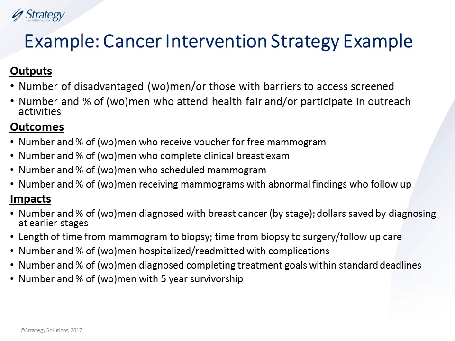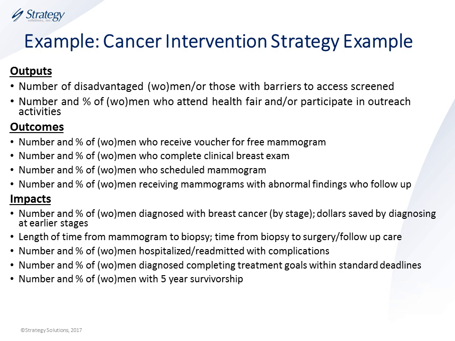So outputs would include the number of people who are screened. Outcomes would include, short-term, the number of people who receive a voucher, the number of people who actually complete a breast exam, the number of people who schedule a mammogram, and then how many people actually go to the mammogram. Those are all different short and medium-term outcomes.